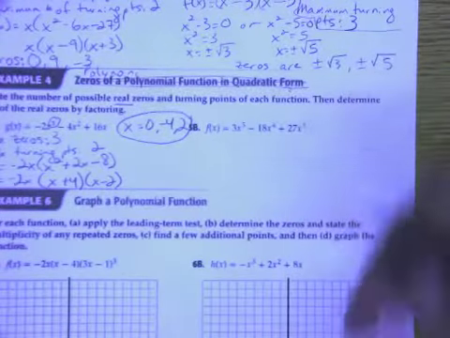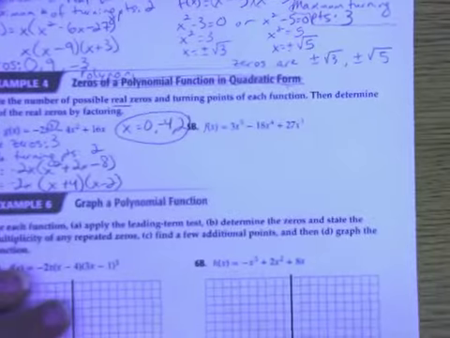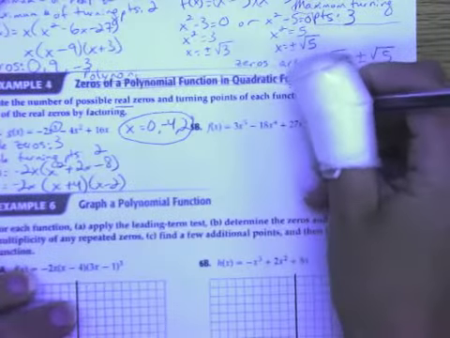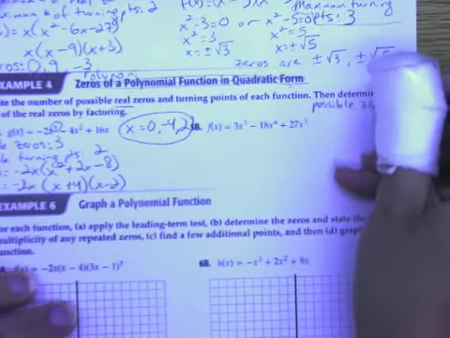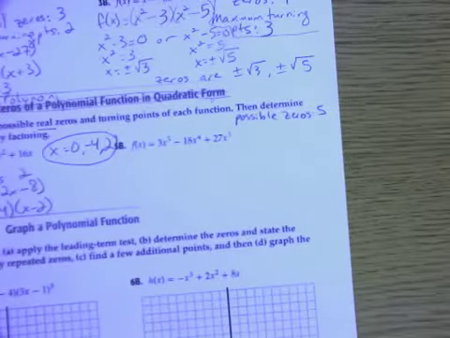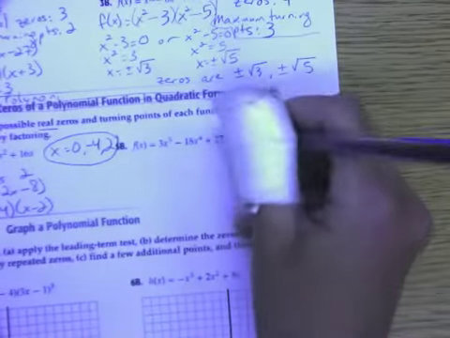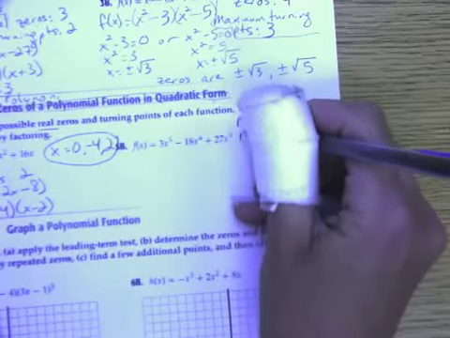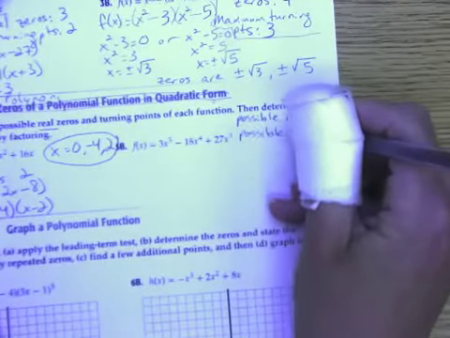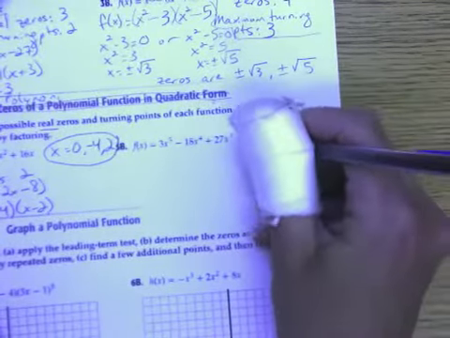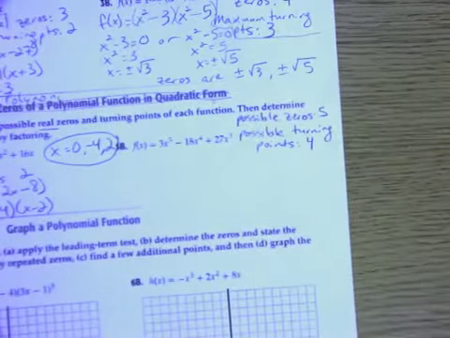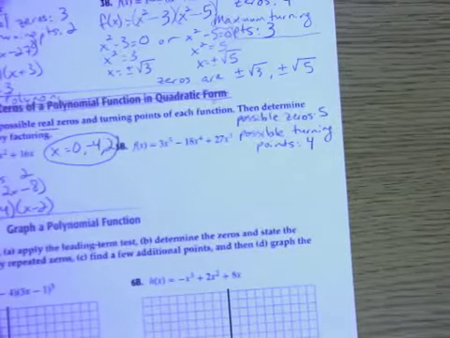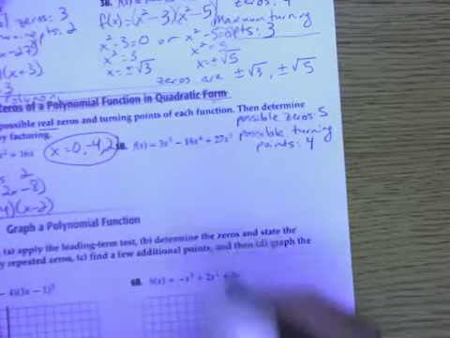First thing is identify the number of possible zeros. Okay, so possible zeros is 5 because of that leading exponent. Possible turning points is 4. It's always one less. And then factor.